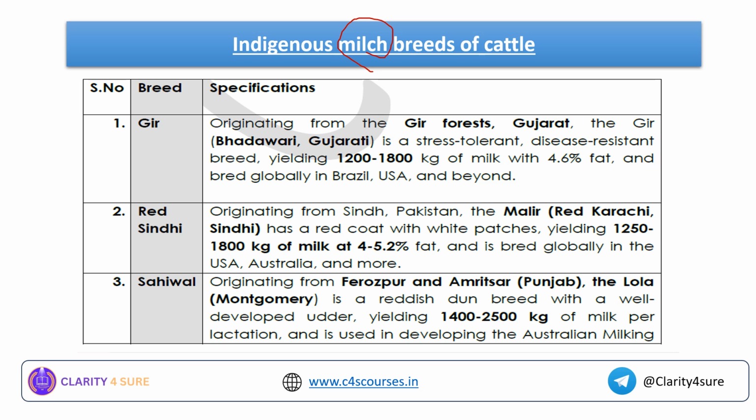First are the indigenous milch breeds, meaning the milk yielding breeds. The first one is Gir. As the name shows, it originates from the Gir forest of Gujarat.